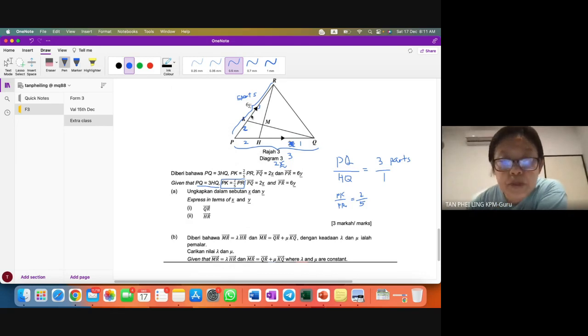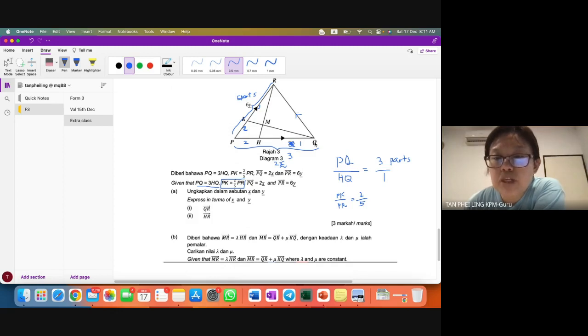So let's start. They want us to express QR in terms of x and y. Now we want to move starting from Q to R, like that. If this road is closed, what else can we follow?